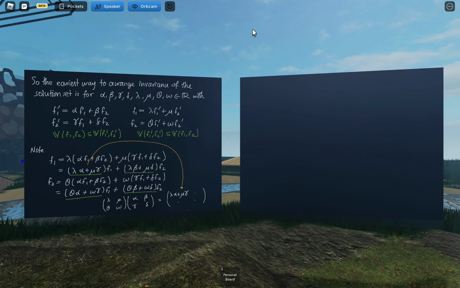So, suppose there exist real numbers a and b with f1(a,b) non-zero and f2(a,b) equal to 0.